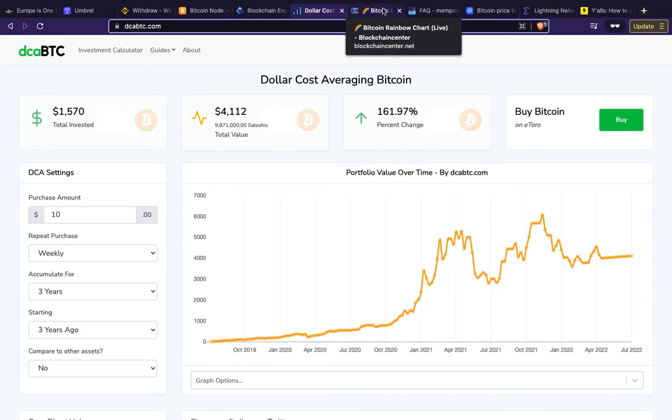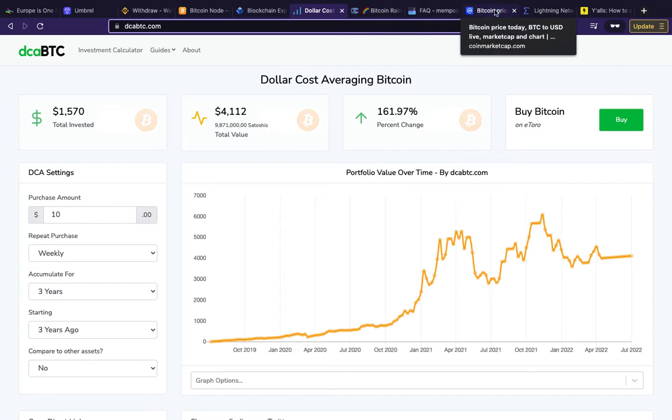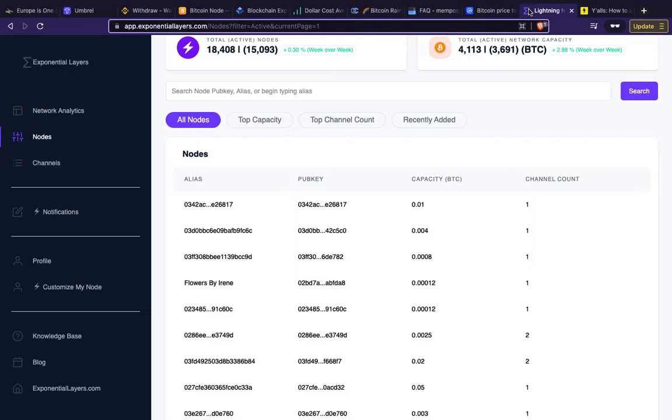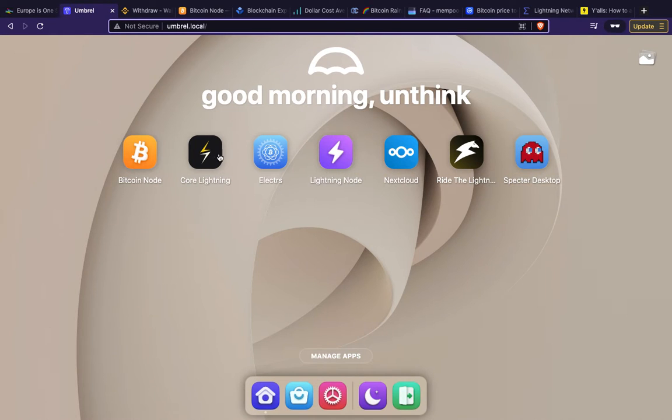All the other things are basically noise and distractions. This is why I teach you guys about the Bitcoin network. Those websites are building on top of Bitcoin. You see Exponential Layers, you see all those websites building on top of Bitcoin. You see all those apps, like Lightning, Lightning Node, Nextcloud.